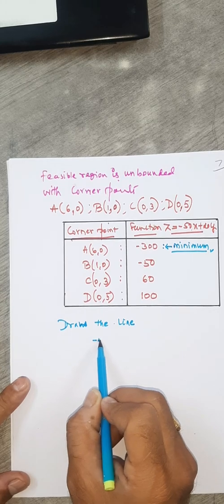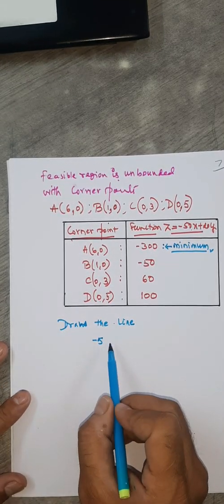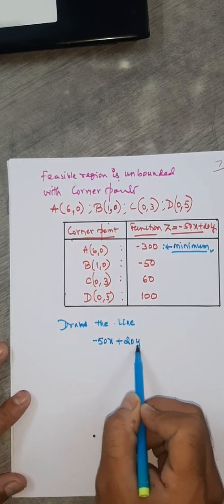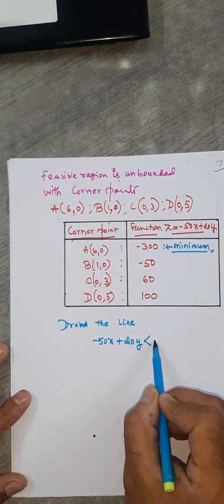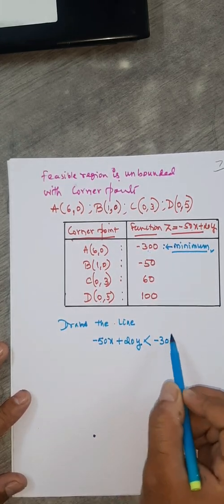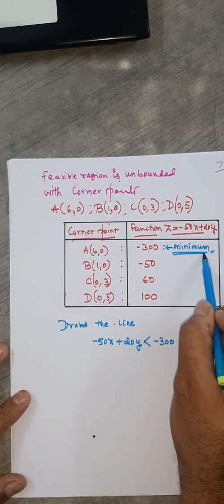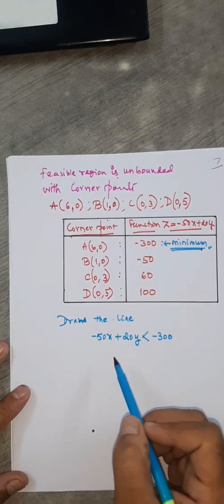The objective function less than the minimum value: minus 50x plus 20y is less than minus 300. Why did we take less than? Because you are asked for the minimum. If you were asked for the maximum, then we would have taken greater than. I'll come to that later on.